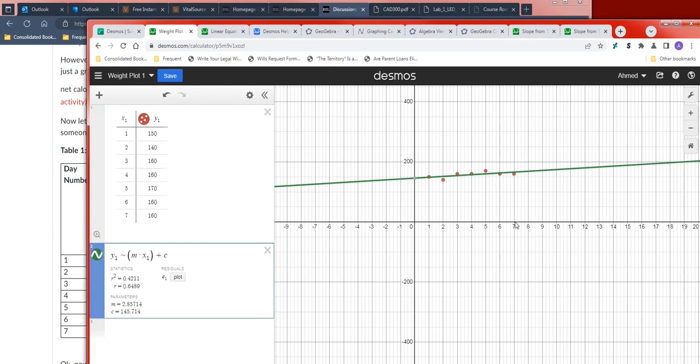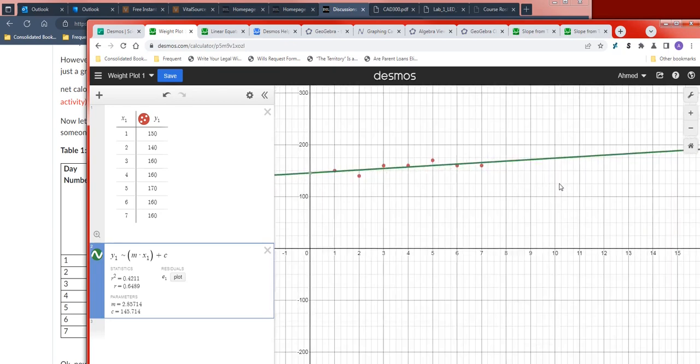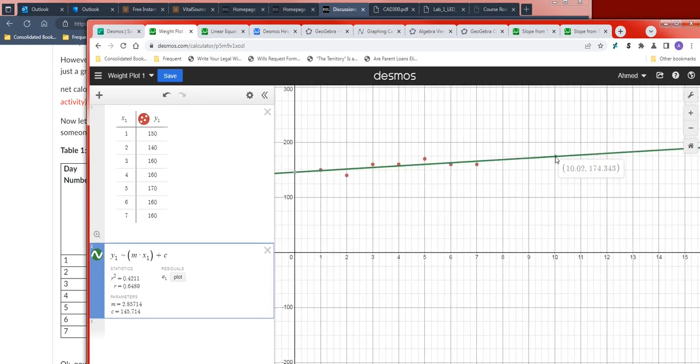So let's say x was in weeks and y is in weight. You can say, okay, I'm at 160 pounds in 7 weeks, and if I continue to gain weight, because I assume this is what you're trying to do here through exercise, then in week 10, let's zoom in a little bit, I will be 174 pounds roughly.